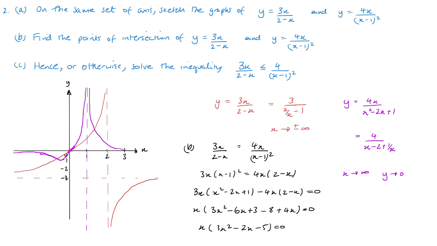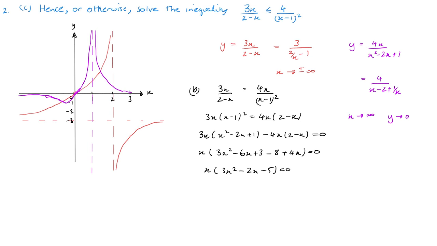Okay, so can we factorize this? The answer is yes. 3x minus 5, x minus 1, I think, or x plus 1. 3x squared plus 3x minus 5x is minus 2x, and minus 5. So that is my scenario. So there's actually 3 points of intersection.